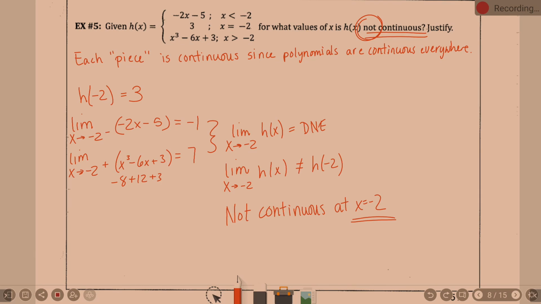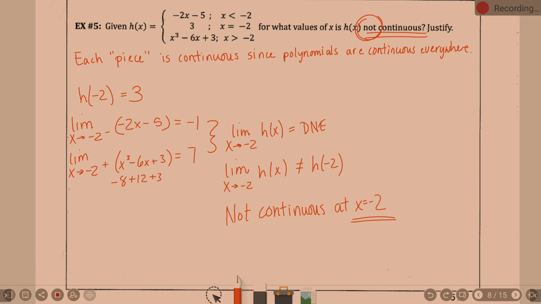Now, I have a graph sketched, but is our work good enough justification? Is the limit as x approaches negative 2 of h of x not equaling h of negative 2 the justification?